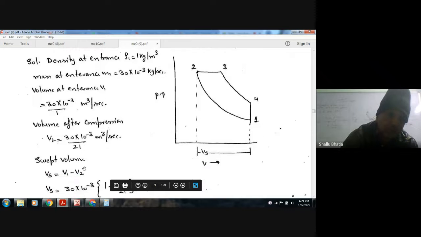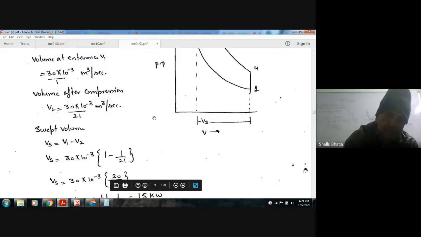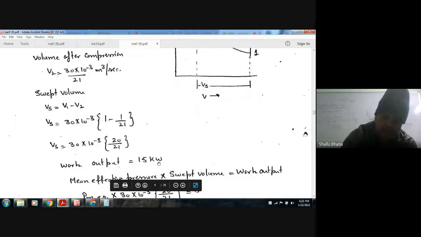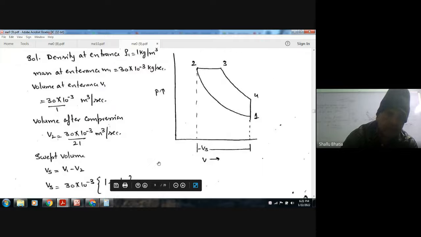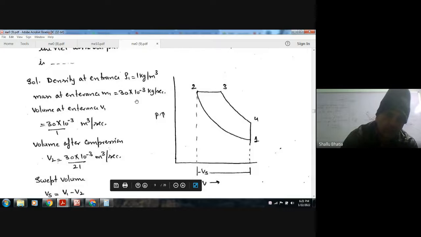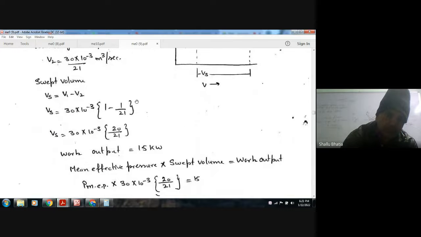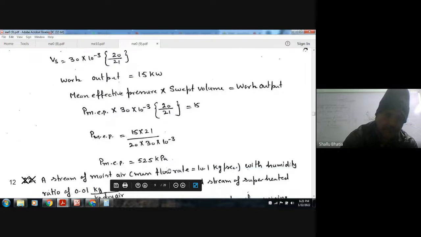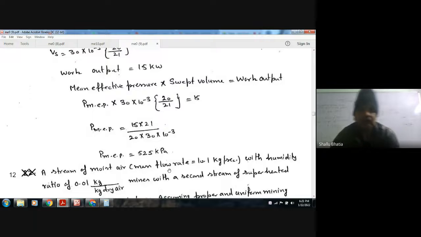Now the swept volume is V1 minus V2. First of all, we find this volume because mass is given and density is given. Work output is nothing but mean effective pressure into swept volume, which we have found out. So now the mean effective pressure is 525 kPa.